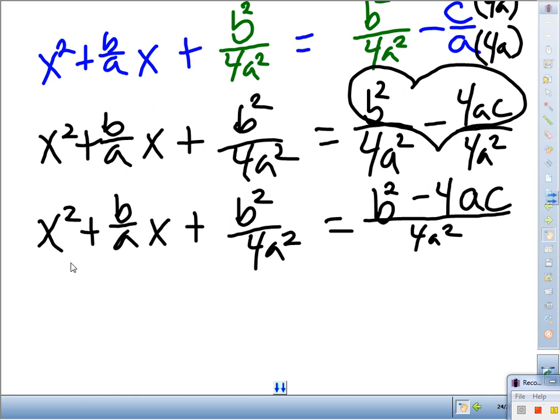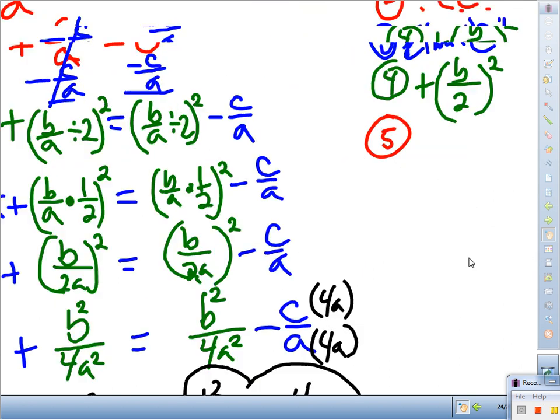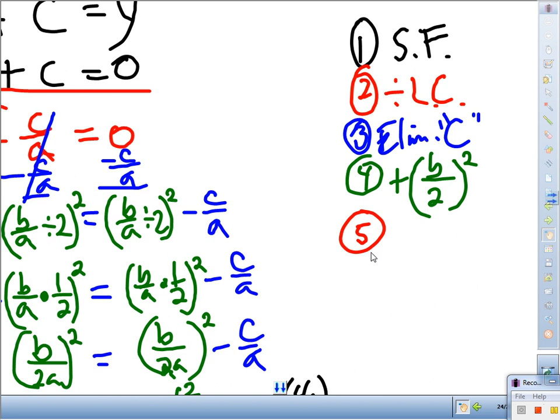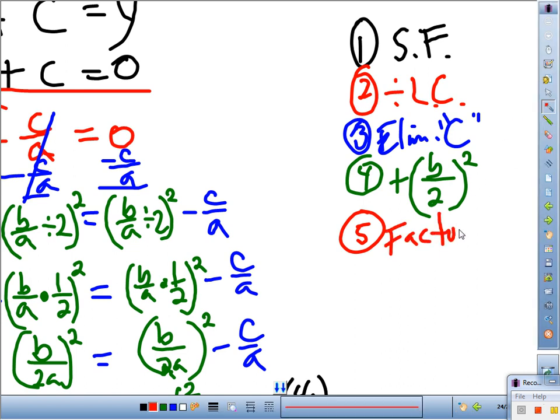So, with that said, what would be my next step in completing the square? Who remembers? Tanner. Power Rangers, or using the shortcut, which is, what is one word that we use for that? Factor. We're going to factor. So that's step 5.